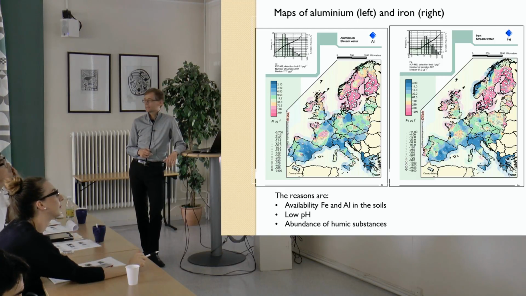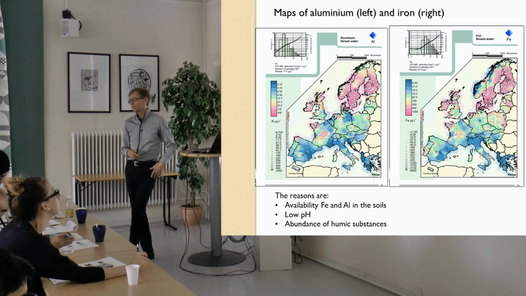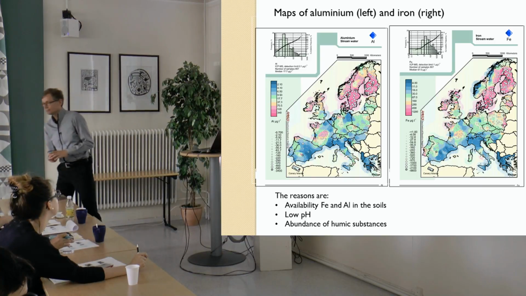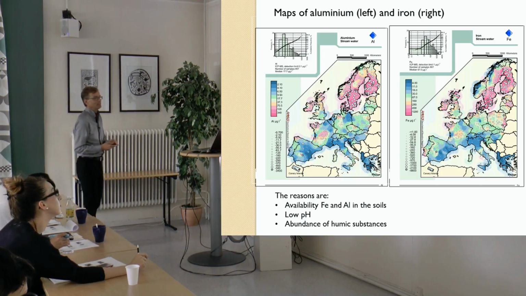That is not an element that biology needs. Iron, on the other hand, yes, it's a nutrient, but it can also be toxic if it occurs in too high concentrations. So these two elements are quite interesting to study in any hydrochemical investigation.